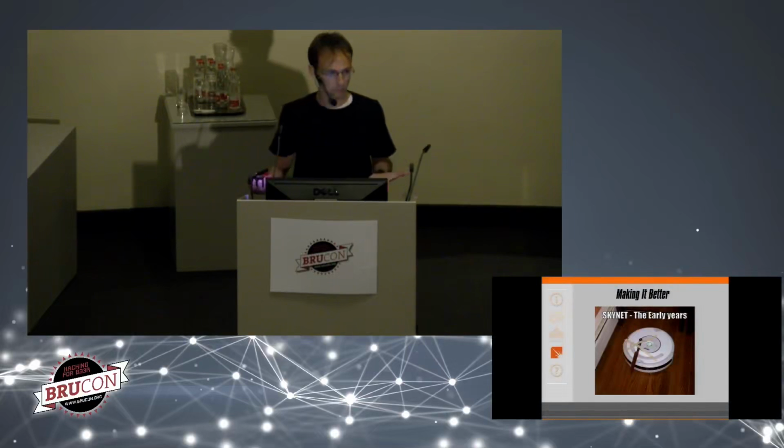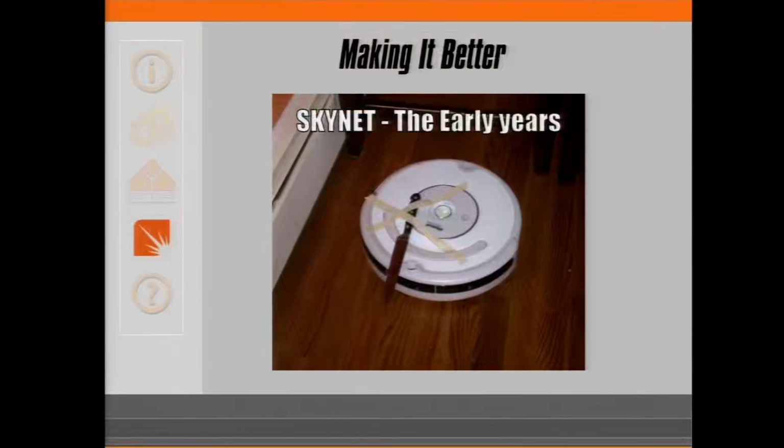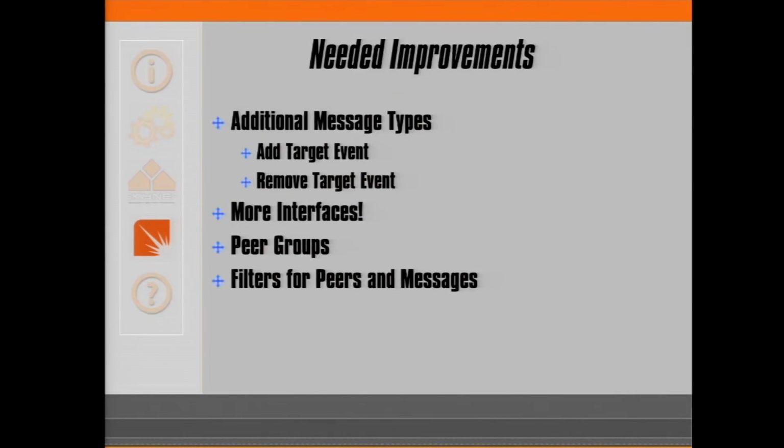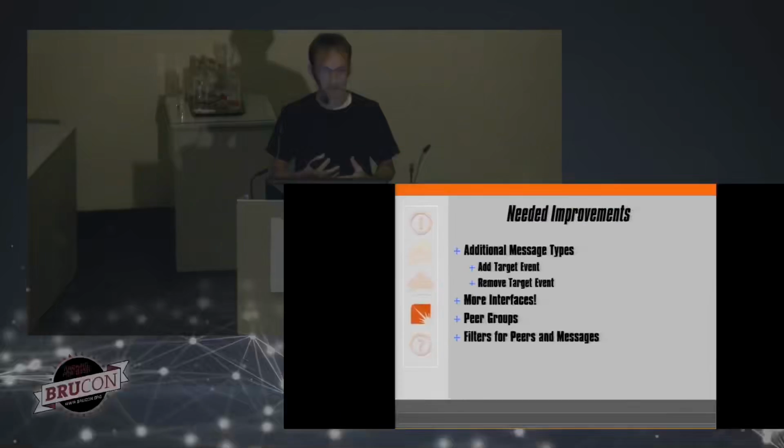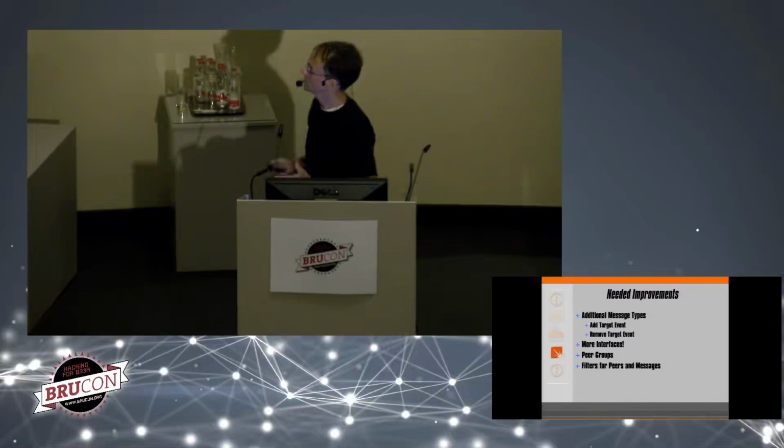Okay. So as I said, we've seen the first situation emerge. We've seen a self-defending network emerge. With our use, there are 2 other situations that are waiting to emerge. It's waiting for us to make it a bit better. We're talking about additional message types for the add target event and remove target event, so we can start doing things like dropping ACLs, so we can start seeing basically the use cases from before, start passive resets.